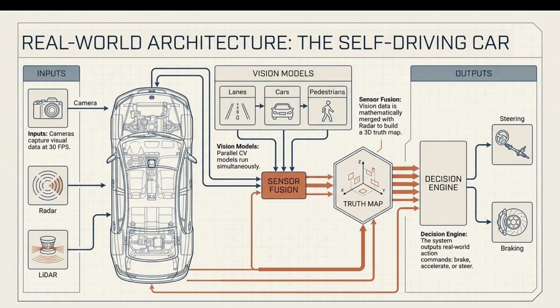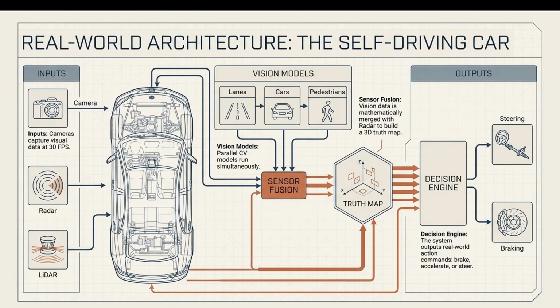All the vision models which we have will run parallelly, simultaneously, and the outputs will be fused in the form of a sensor fusion where we have the central processing unit, and a truth map will be created. A truth map is nothing but the vision data mathematically merged. All the merged data will be merged with the radar to build a 3D truth map.